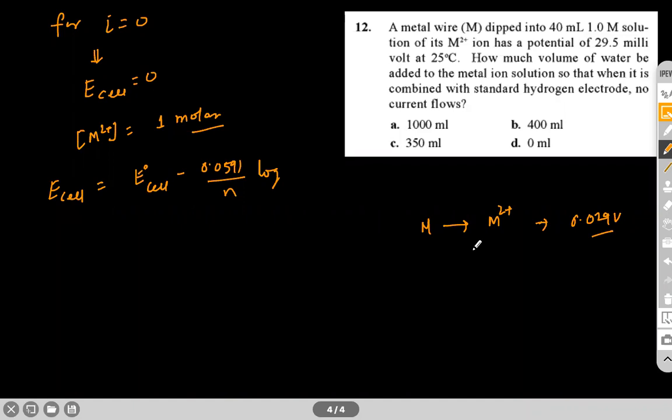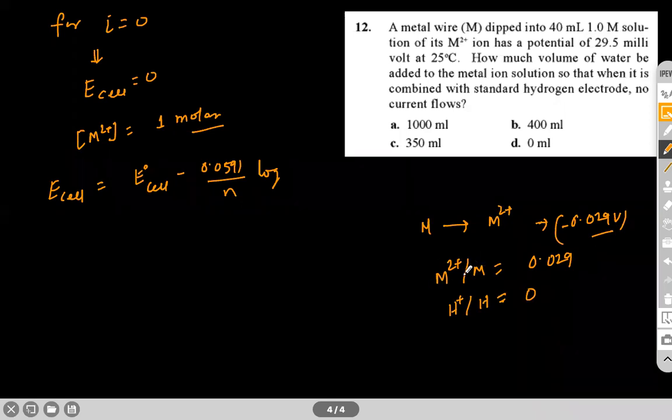So we are assuming this has reduction potential. So oxidation potential is negative of this. So basically the reduction potential M2 plus to M is given 0.029, and for hydrogen the reduction potential is 0, right?